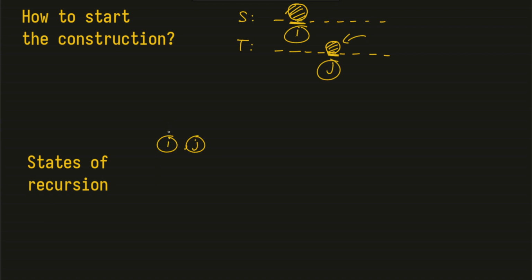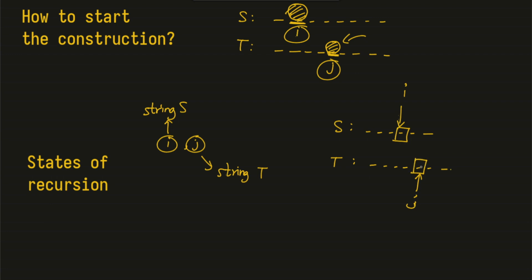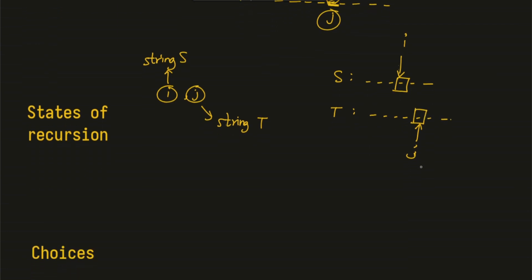where I denotes the index for string S and J denotes the index for string T. So that means we are choosing the subsequence from the ith position for string S and the jth position for string T. Now we are looking at these two characters at any given moment of the recurrence.